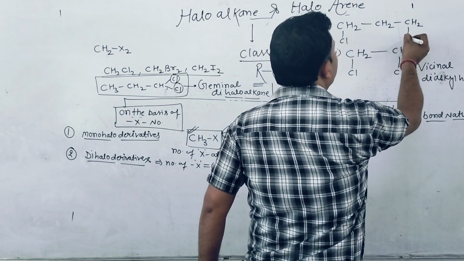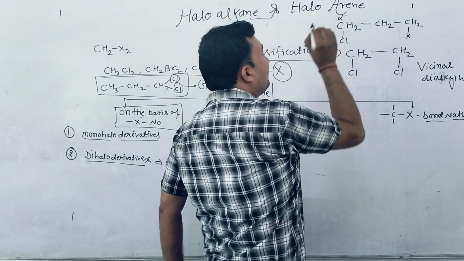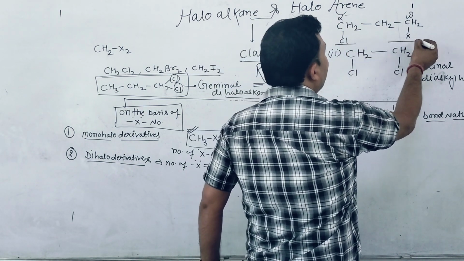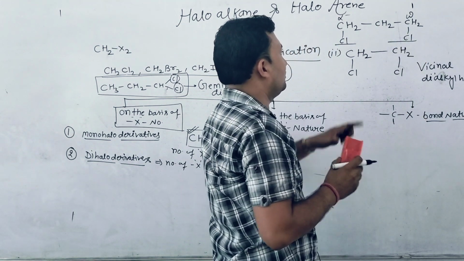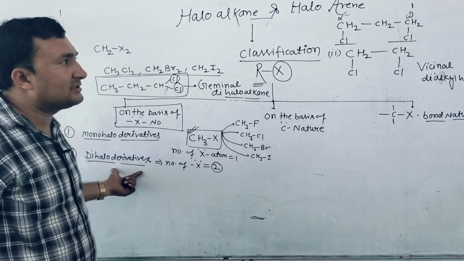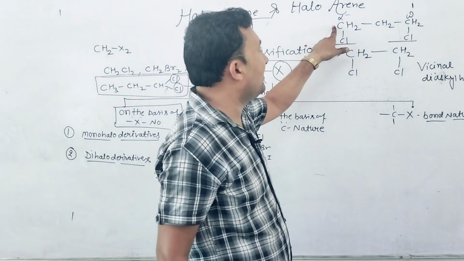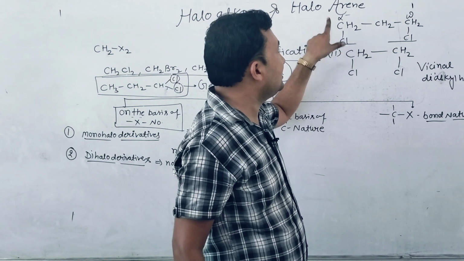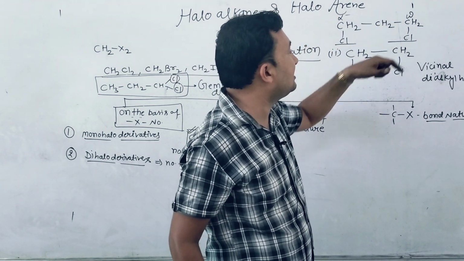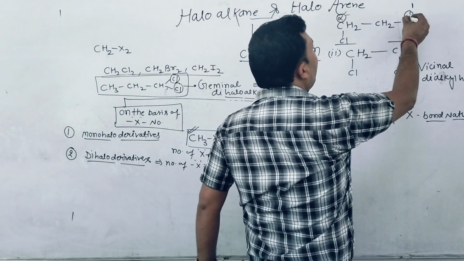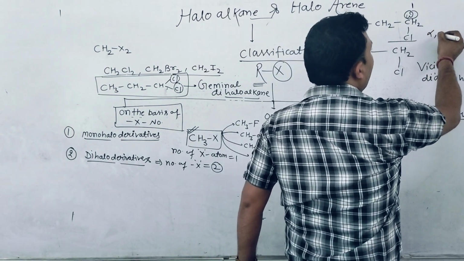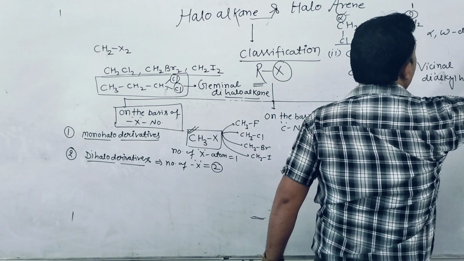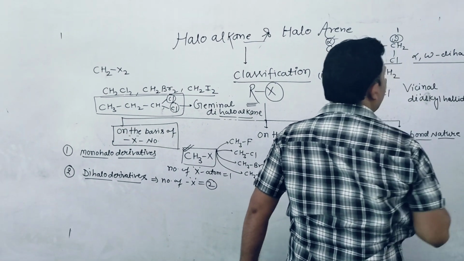In Greek alphabets, for the first one we have alpha, and for the last one we have omega. Such haloalkanes with two halogens, both present on the first and last carbon, we call alpha omega dihaloalkane, or you can call it alpha omega dialkyl halide.